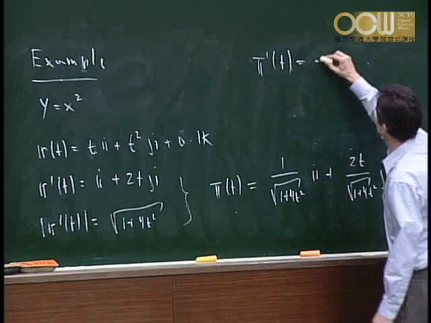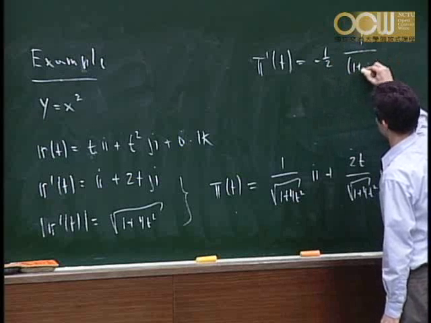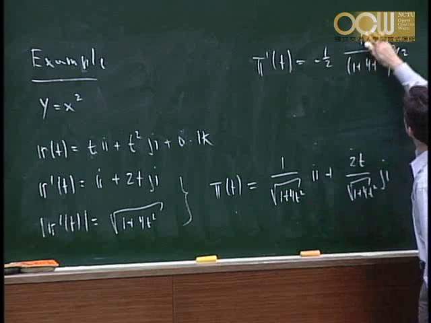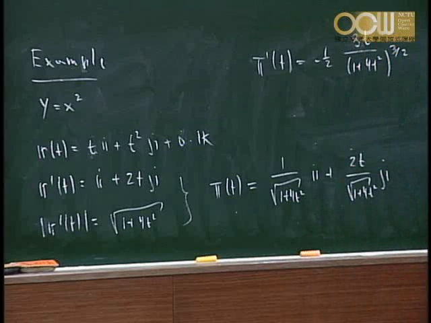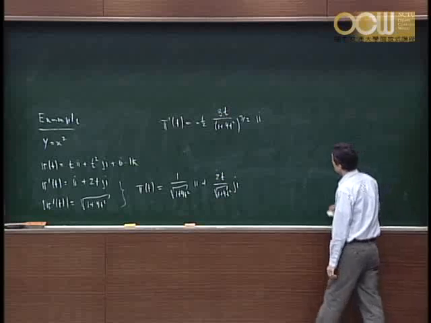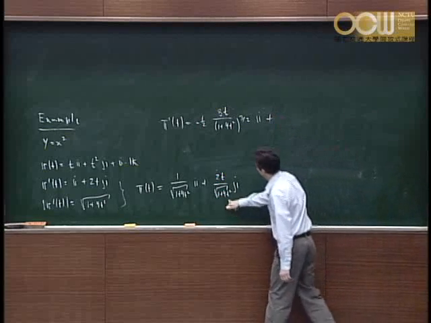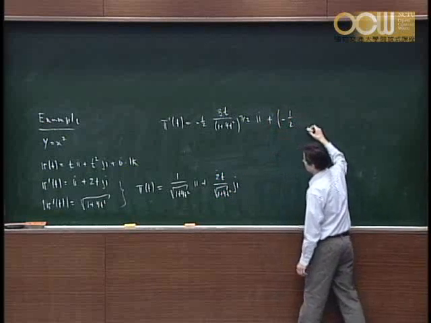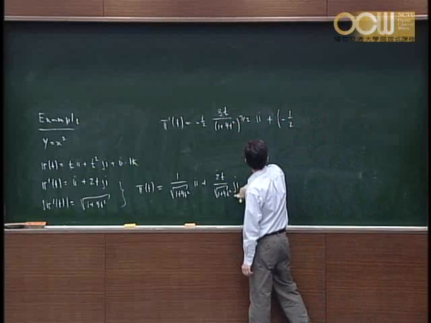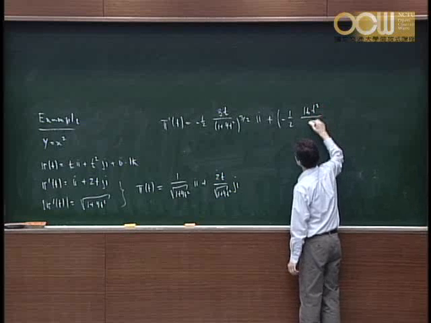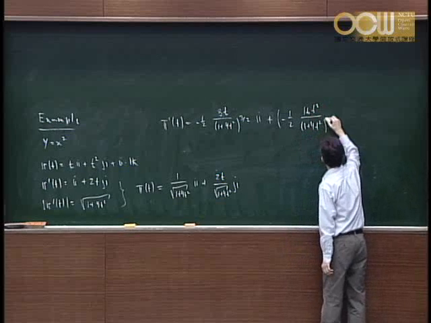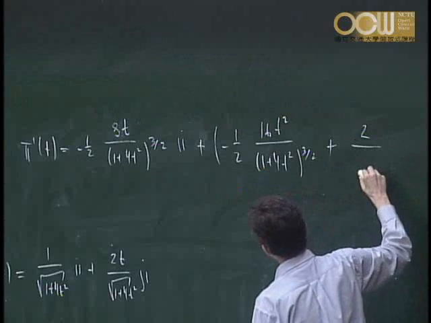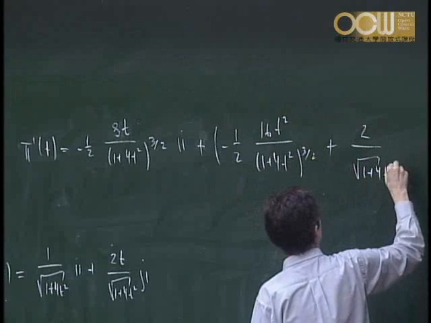So we have here minus 1/2, 1 over 1 plus 4t squared to the 3/2, and from the inner derivative, i plus, for the derivative here we have the same: minus 1/2, and we also have 2t here, so we have 16t squared over 1 plus 4t squared to the 3/2, plus, so this was the derivative of this function, now the derivative of this one, 2 over the square root of 1 plus 4t squared.